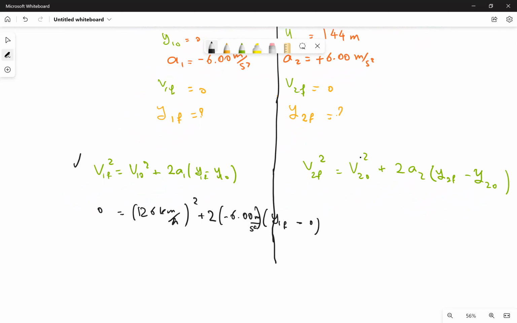You're going to do basically the same thing for the second vehicle. Remember, guys, here I put down the units in my equations. I didn't do that for most examples that we solved in class, because I made sure before plugging in the variables that everything was in SI units.